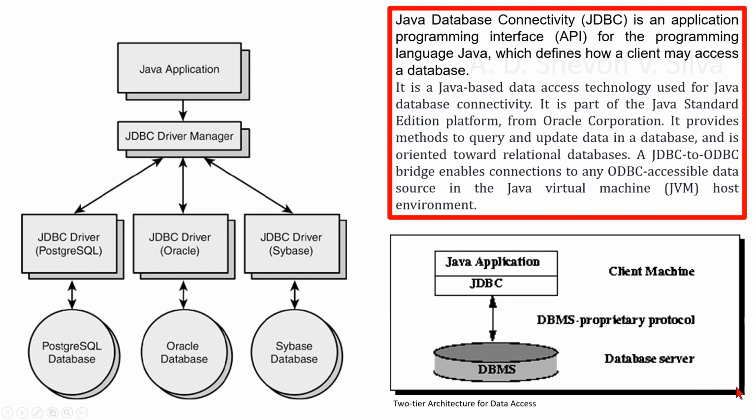Here in the two-tier model, a Java applet or application talks directly to the data source. This requires a JDBC driver that can communicate with the particular data source being accessed.